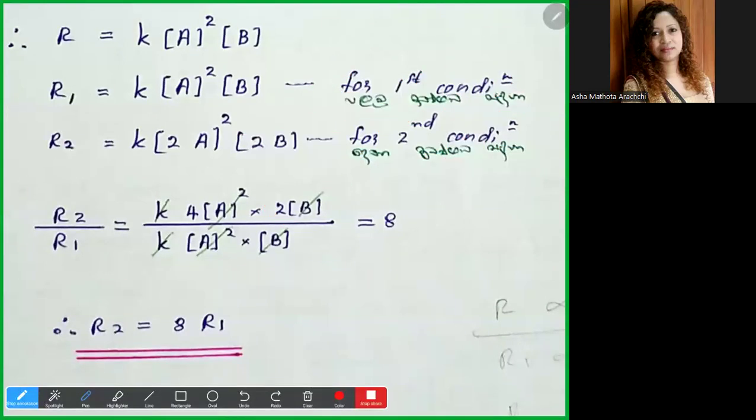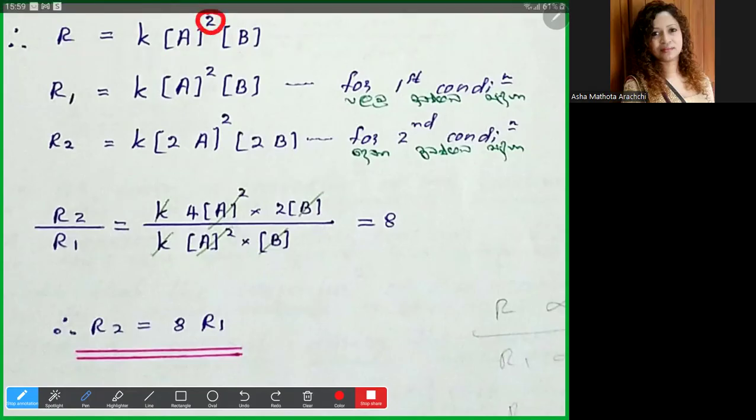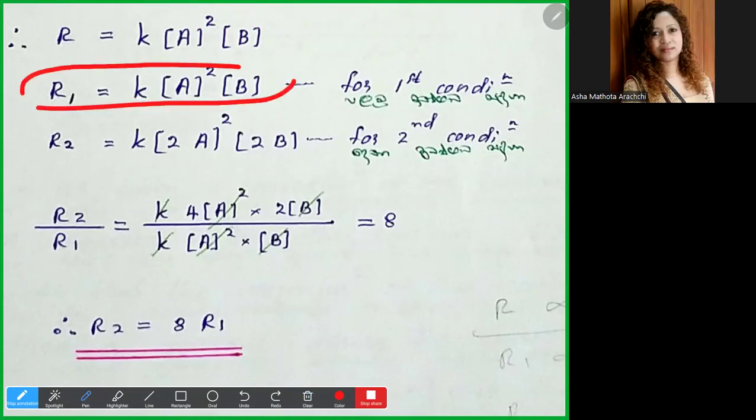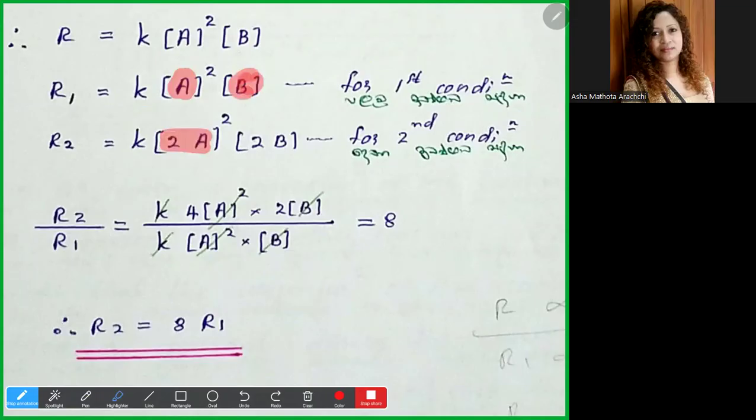See, don't write, just listen. Okay, this is the initial condition. They say this is an elementary reaction, so rate equals the stoichiometric ratio, 2 and 1 here. Then this is the normal rate, R1, for the first condition. Then the second condition, they say A is doubled to become 2A, B is doubled to become 2B. Now I'm going to divide 1 by 1 so that K and K cancel off.